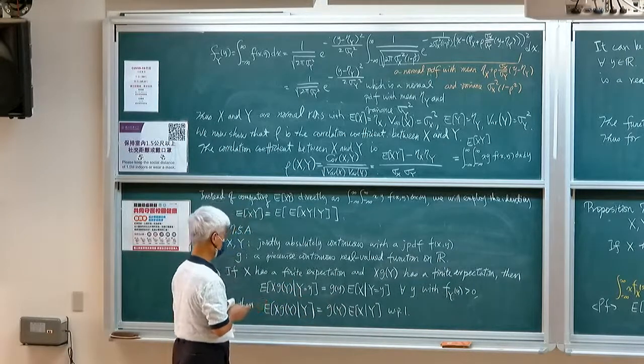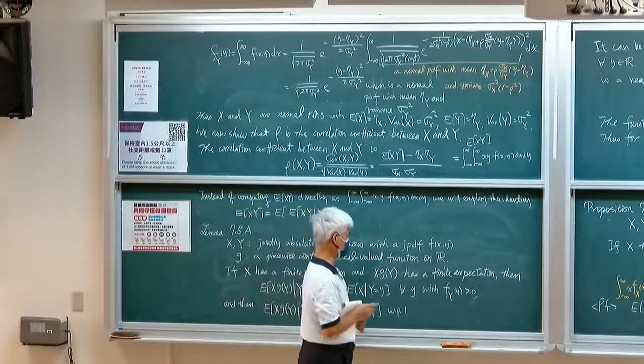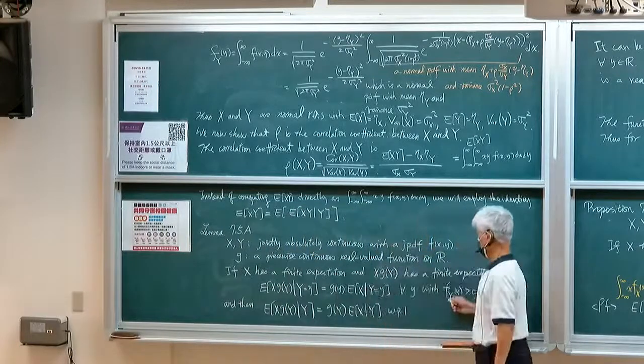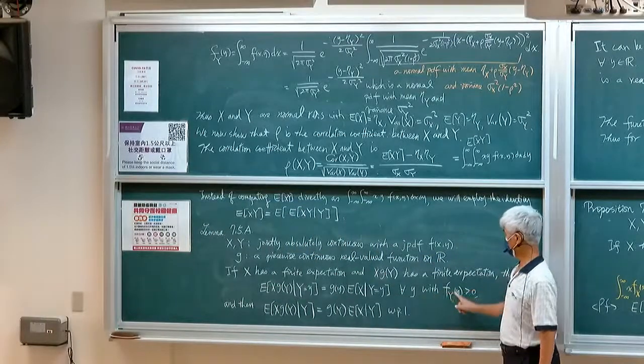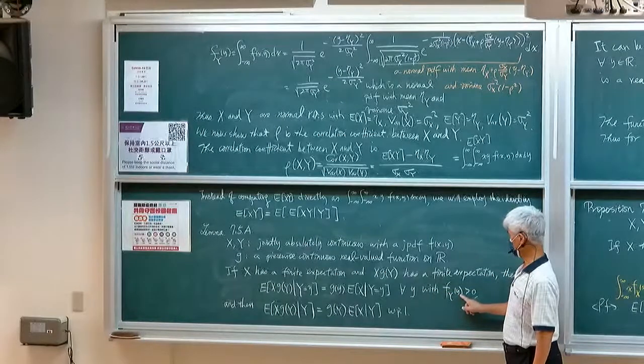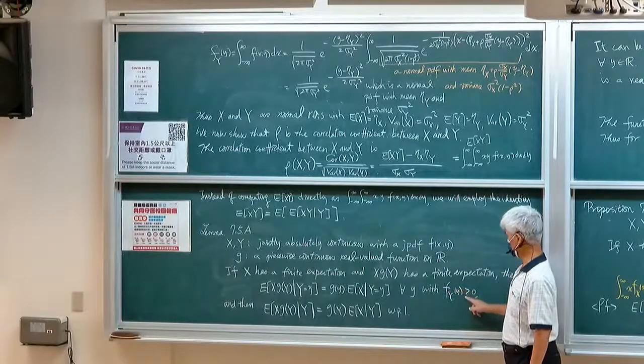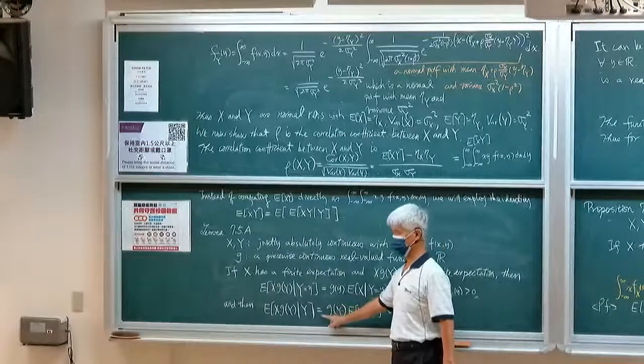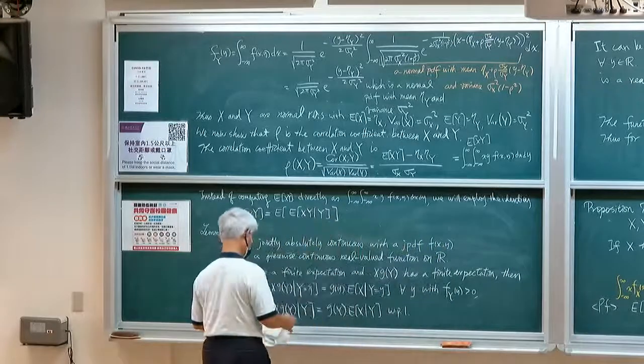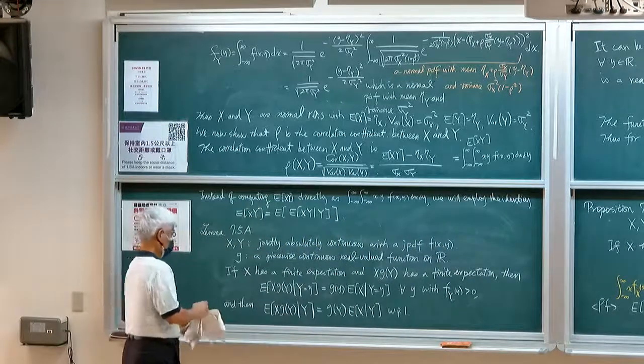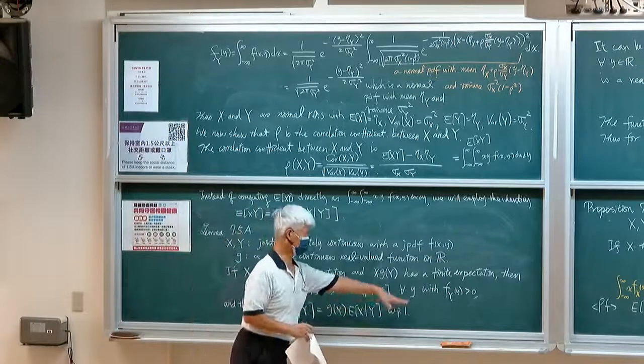It is because for little y such that f_Y(y) equals 0, this equality may not be true, but they occur with probability 0.